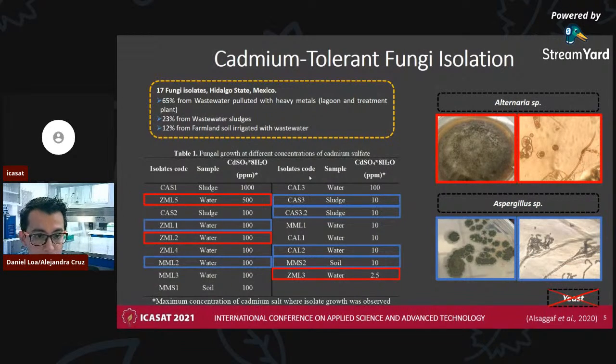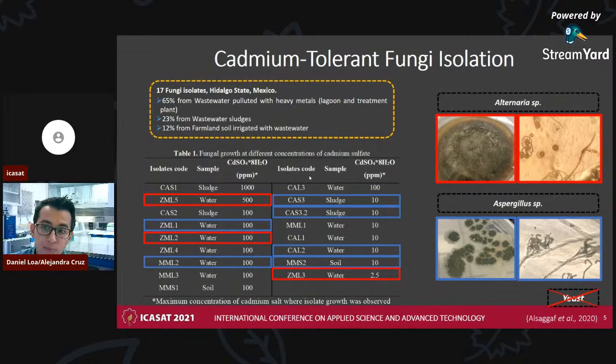Also, as can be observed in red, 3 isolates presented morphological characteristics of the Alternaria genus by microscopy, whereas 6 isolates corresponded to the Aspergillus genus by microscopy with morphological characteristics. The remaining isolates were discarded because they did not present this morphology.